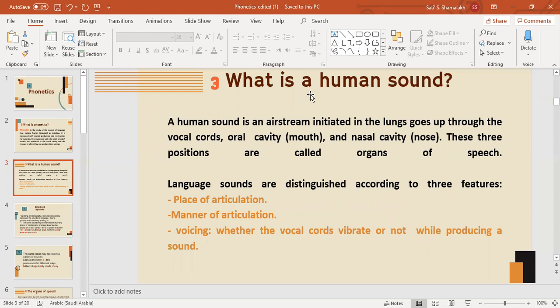No. Do you use your hand like writing? No. So you use your mouth. What comes out of your mouth? Air. Modified air, like sounds of language.